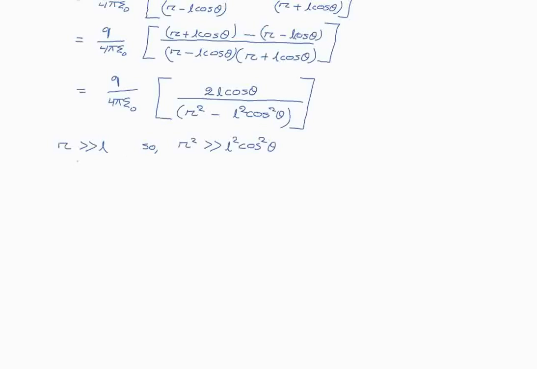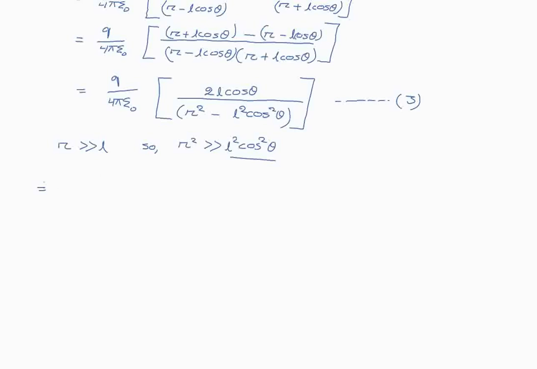So as r is very large than L, r square is also very large than L square cos square theta. Now we can ignore L square cos square theta in the above equation. Let us write this as equation number 3.